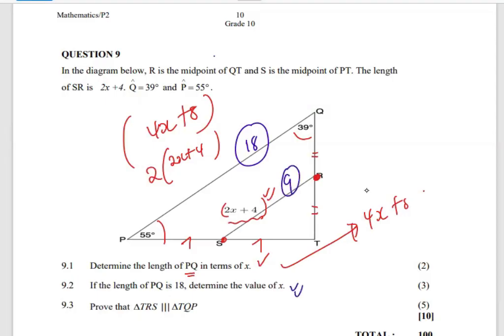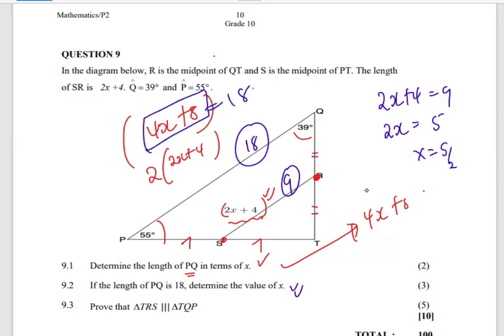Can we find the value of x? So I can say my 2x plus 4 is 9. 2x is going to be 5, and then x is going to be 5 over 2, or basically 2.5. You can do the same thing for 4x plus 8, equate it to 18, and you still get 2.5 or 5 over 2.